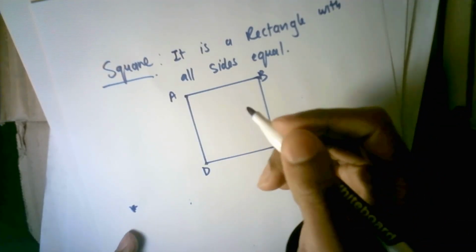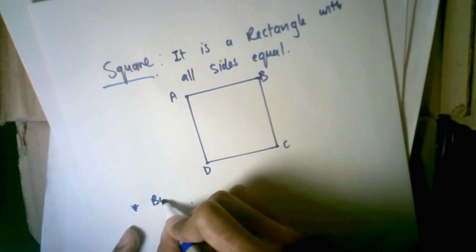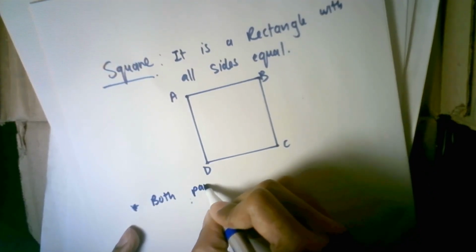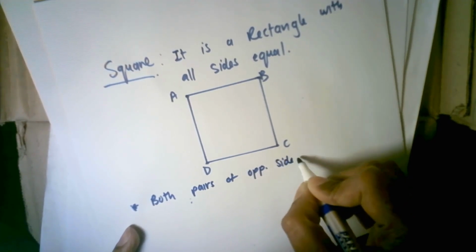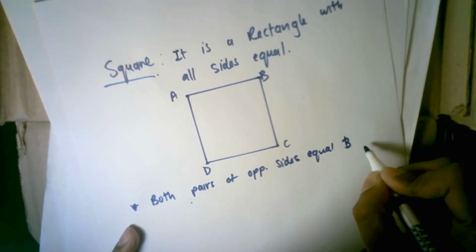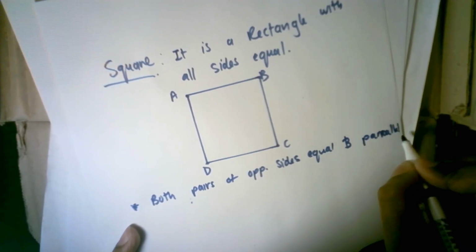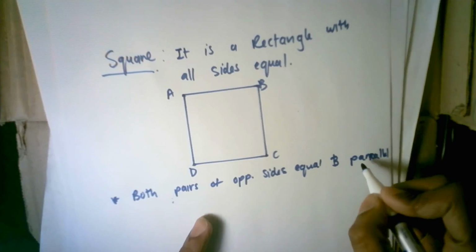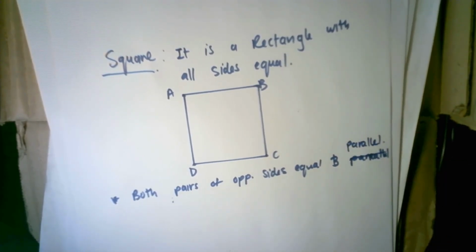So we know that both pairs of opposite sides are equal and parallel, right? Very similar to a parallelogram.